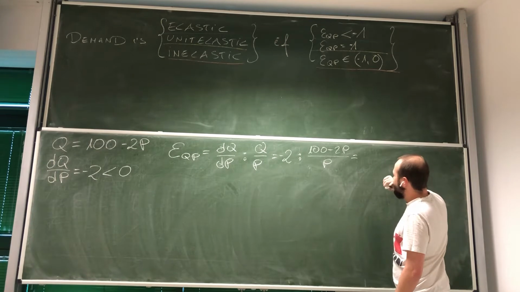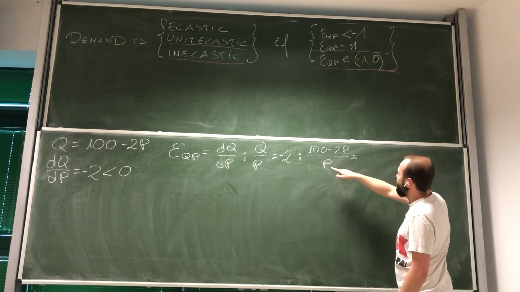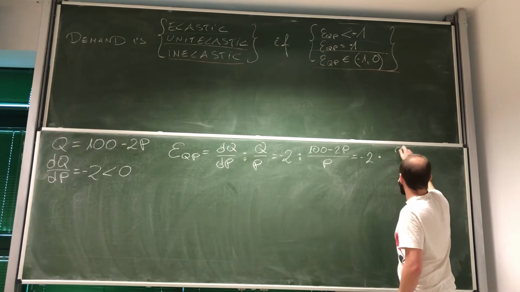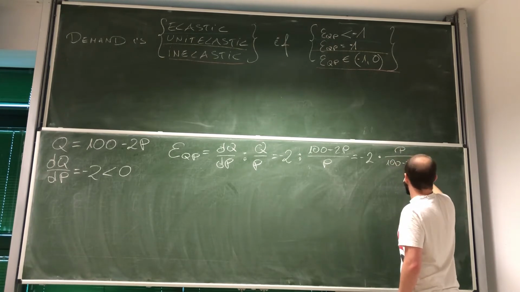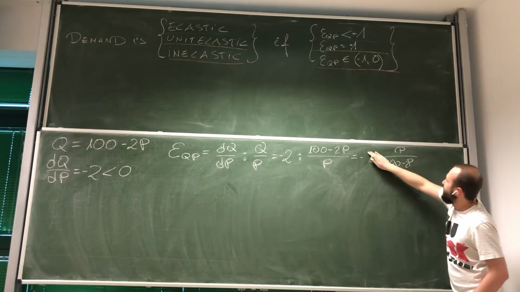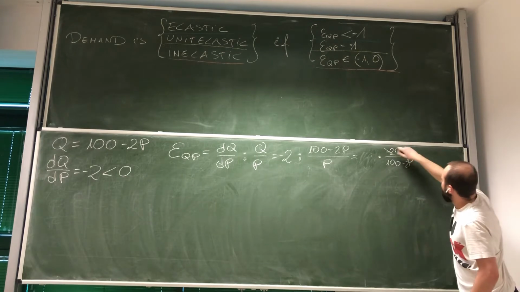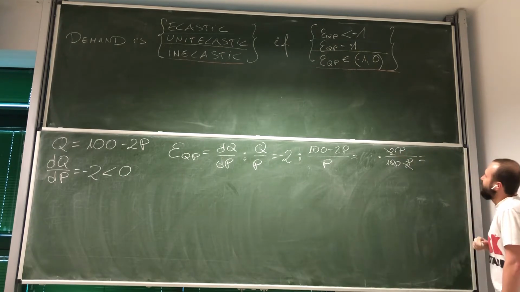Okay, so we got negative 2 multiplied by P over 100 minus 2P, right? But I can move this negative 2 over here, and those two will cancel each other out.